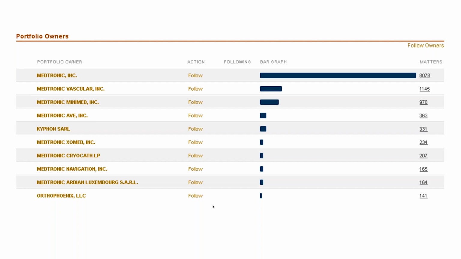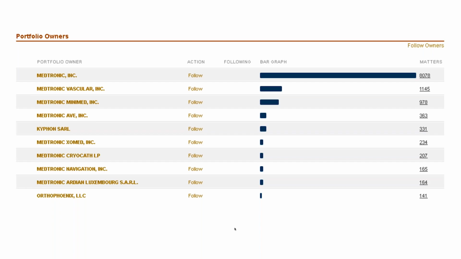Medtronic MiniMed, for instance, would be an acquisition. Medtronic AVE would be a joint venture that they put together. So you start to get an immediate picture of what sort of corporate structure the IP assets are assigned to as you're going into this.